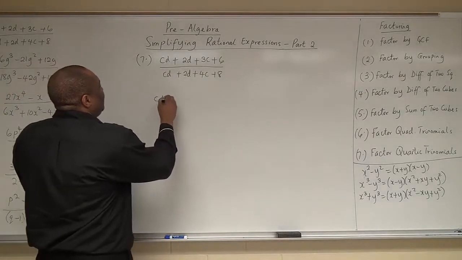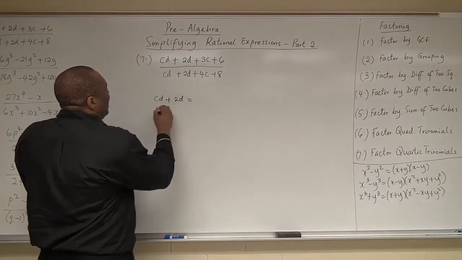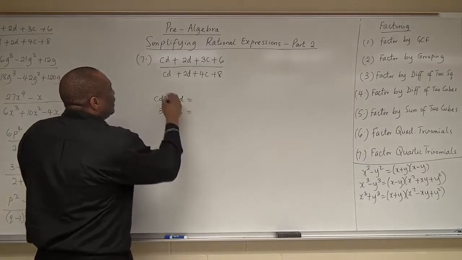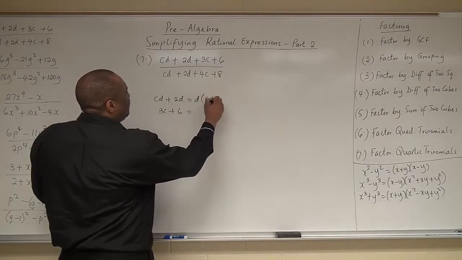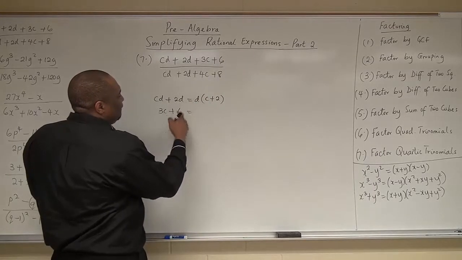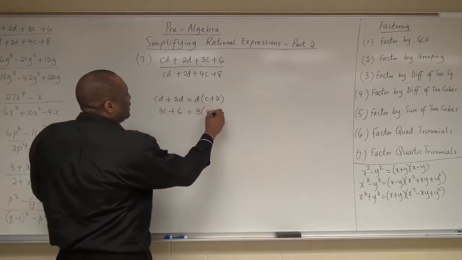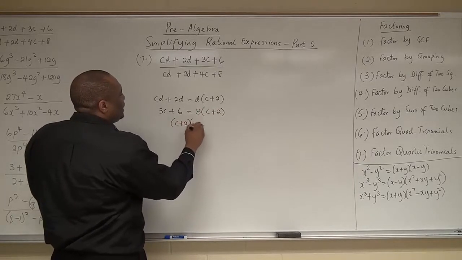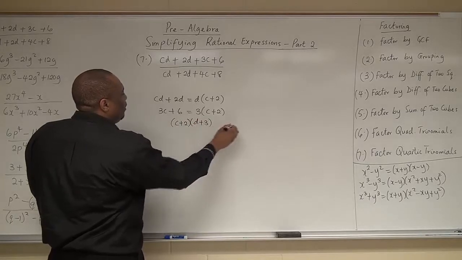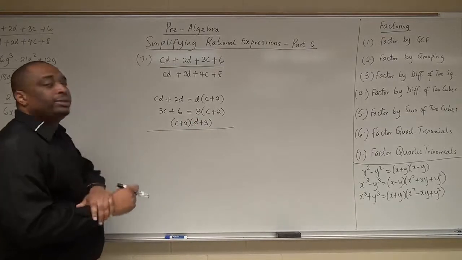For the numerator, I have CD + 2D and 3C + 6. The GCF here is D. What is remaining? C + 2. The GCF here is 3, and what is remaining? C + 2. So I have (C + 2)(D + 3).